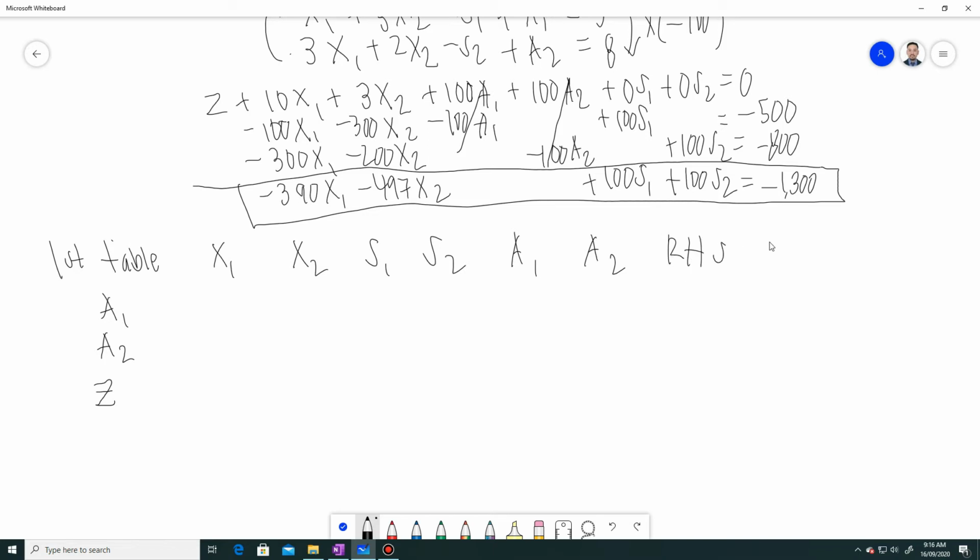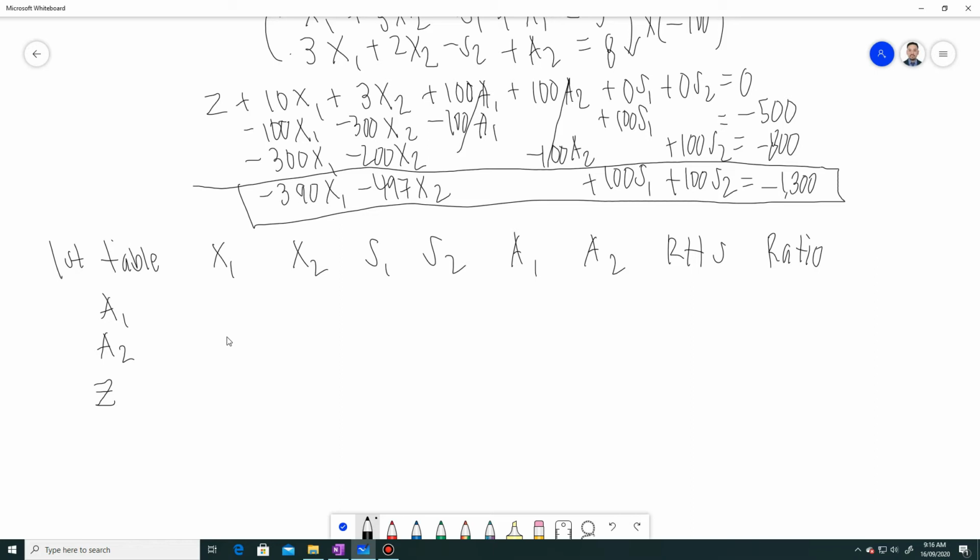Later we will compute for the ratio. You can put lines, but to shorten this tutorial, we will not provide lines.